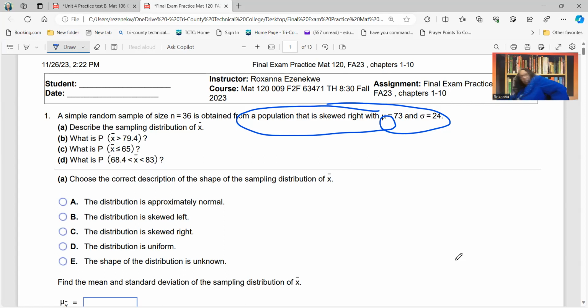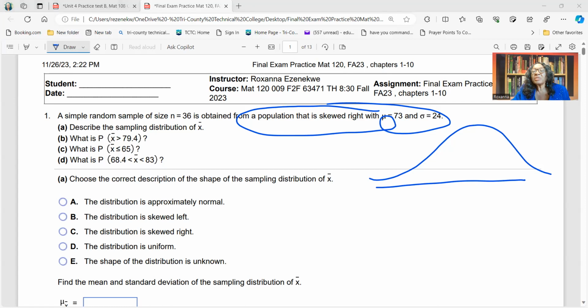Okay. So I'm going to draw a normal curve representing what I'm given. Okay, so I am given that the mean of the original data is 73.